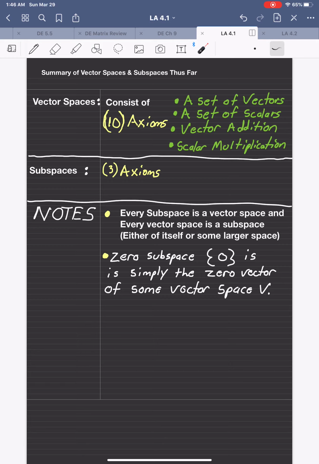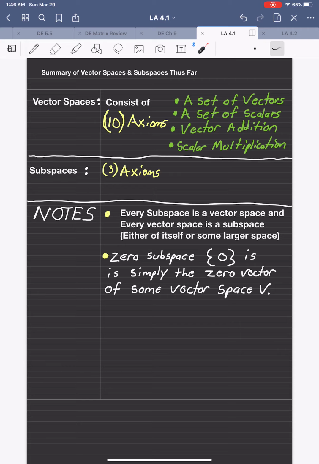So let's start. What is a vector space? Well, it's a set of vectors and a set of scalars with two operations: vector addition, scalar multiplication.